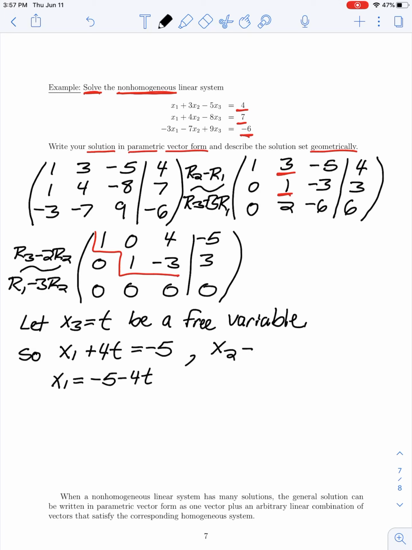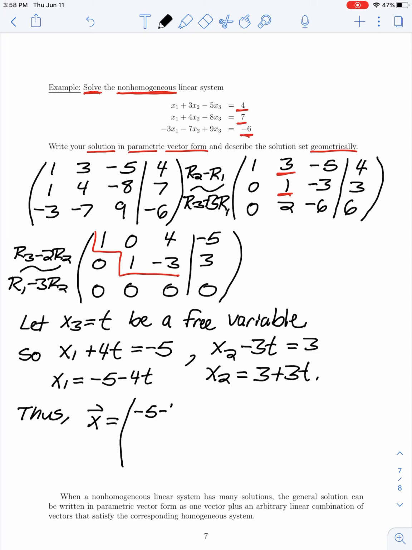And x2, using the second equation, x2 minus 3t has to equal 3. So x2 is equal to 3 plus 3t. So our solution set for this system would be the set of vectors x, where x1 is equal to negative 5 minus 4t, x2 was 3 plus 3t, and x3 was the free variable t.